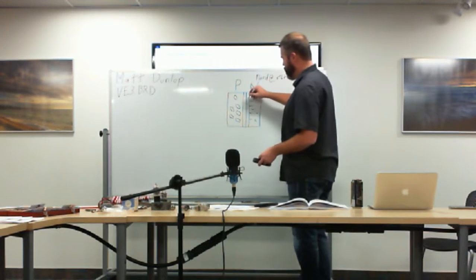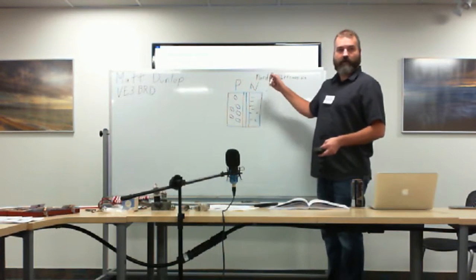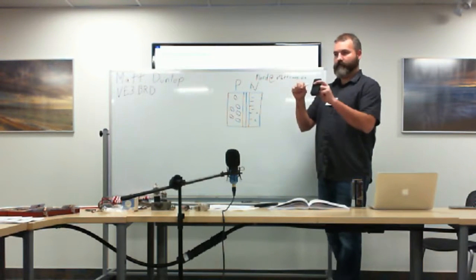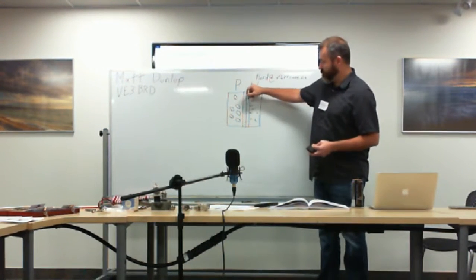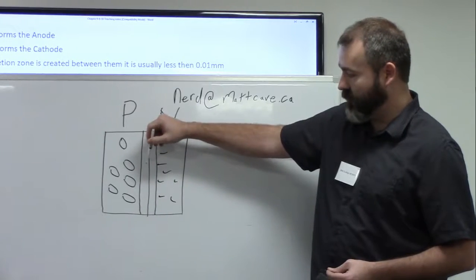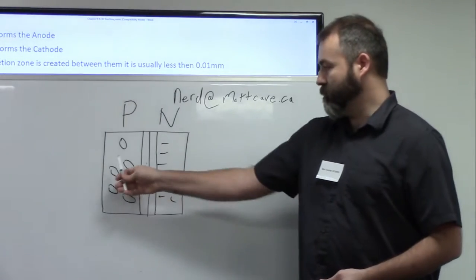So in the depletion zone, the electrons will satisfy the holes. And as we saw from the previous slide, when we had the silicon, when it had all 8 electrons around it, it created an insulator. So in this state, right now, with these electrons satisfying these holes in this section here, it actually creates an insulator. It won't allow electricity to flow through here.